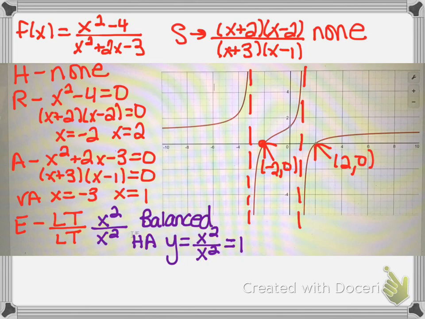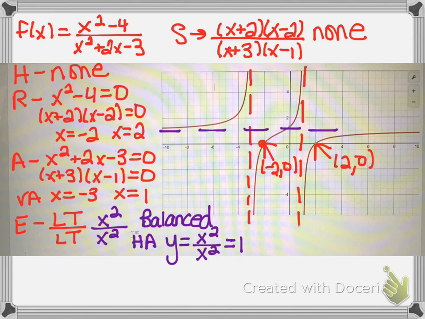If you, hypothetically, had a leading term of 2x squared and a leading term of 3x squared, then your horizontal asymptote would be at 2/3. Okay, so it's whatever those leading terms reduce to. And so we can see that, once again, on our graph. Here's our horizontal asymptote.